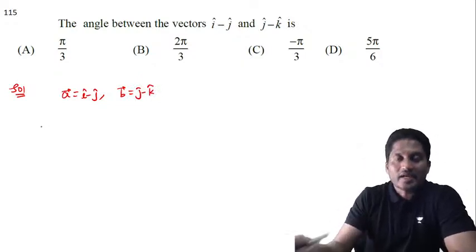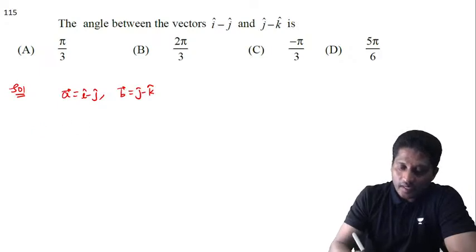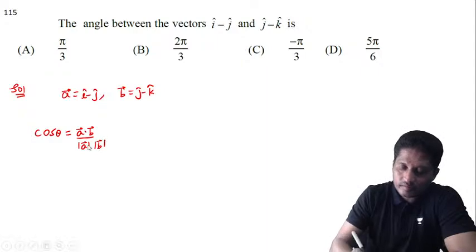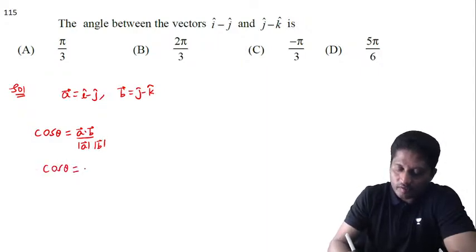Now, what is the angle between A and B? Cos theta is equal to A dot B divided by mod A into mod B. A dot B is 0 plus minus 1 plus 0, which is minus 1.